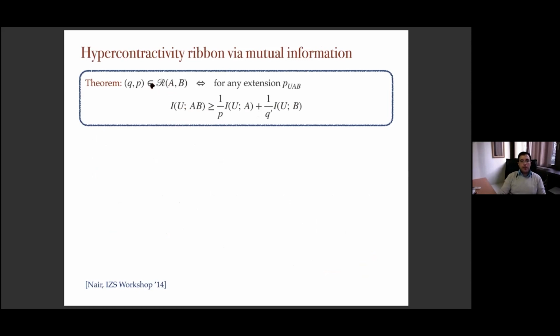So this theorem says that (1/p, 1/q) belongs to the hypercontractive ribbon if and only if for any extension P_UAB, by which I mean any distribution over U, A, and B whose marginal over A and B is the starting distribution, the mutual information between U and AB is an upper bound on 1 over p times the mutual information between U and A, plus 1 over q prime times the mutual information between U and B.